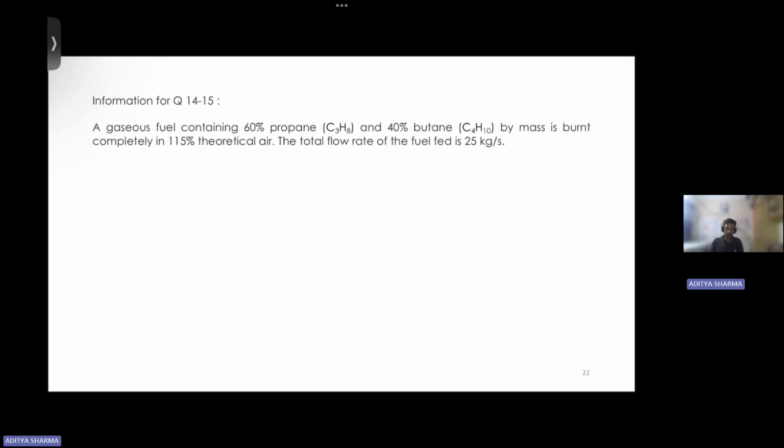And the air that we are using, in comparison to the stoichiometric air, is 115%, and the fuel's flow rate has been given as 25 kg per second.